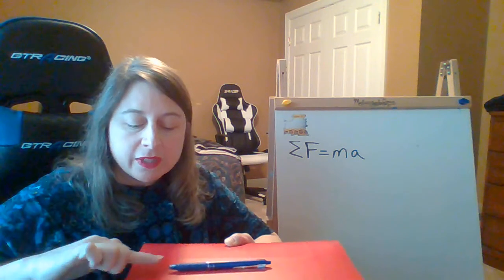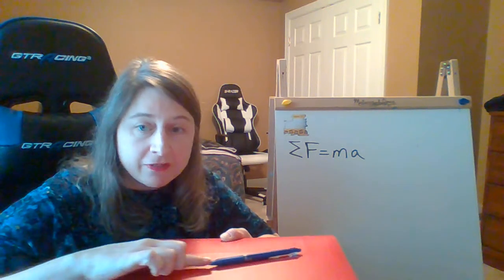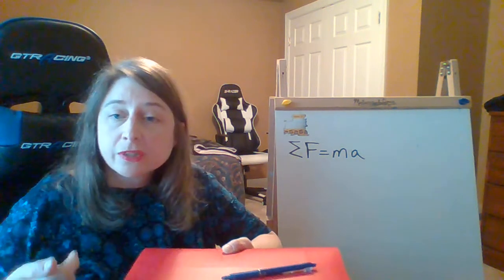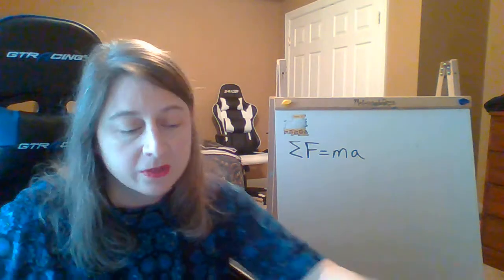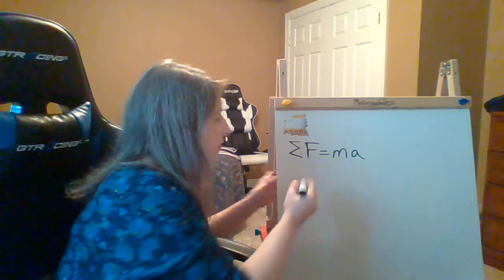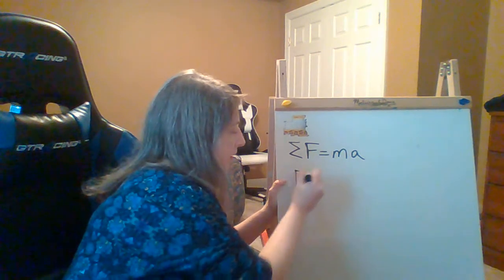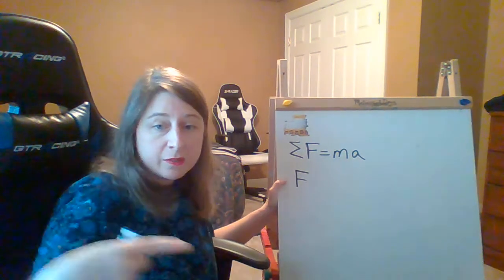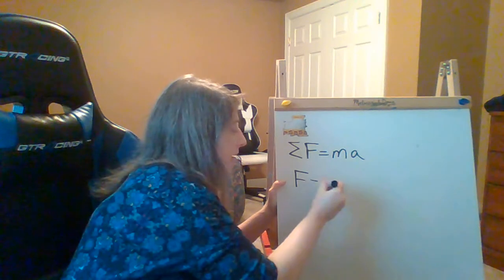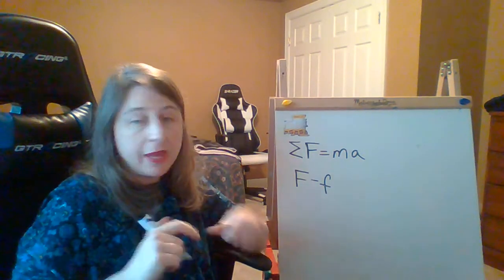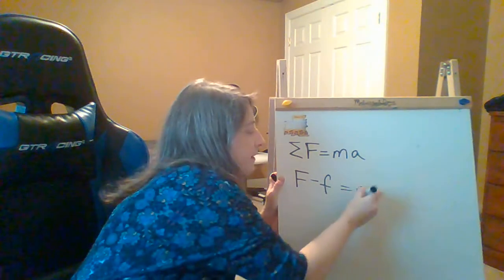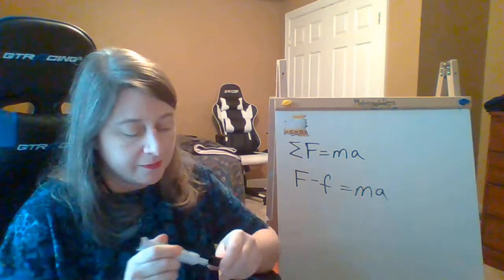So not only is the pushing force from my finger acting on the pen, but friction is opposing the motion of the pen, right? So I could turn the equation here into the force of me pushing the pen with my finger minus the frictional force opposing the motion of the pen is equal to the pen's mass times the pen's acceleration.